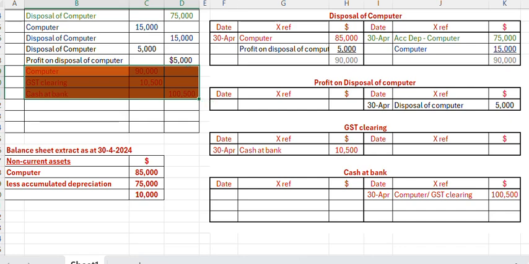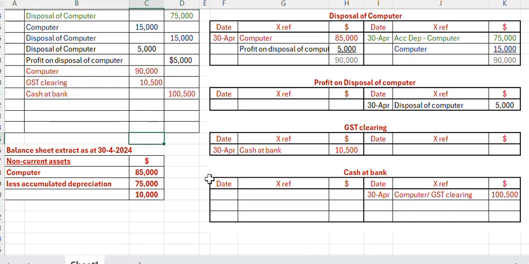Let's have a look at what that looks like in the GJ. So again, the computer, we're paying $90,000 for the balance. We're paying 10%, full amount for the GST. The ATO doesn't care about the trade-in value. We still have to pay 10% on the total purchase price, and then total these two up and you'll get your credit entry to the bank.